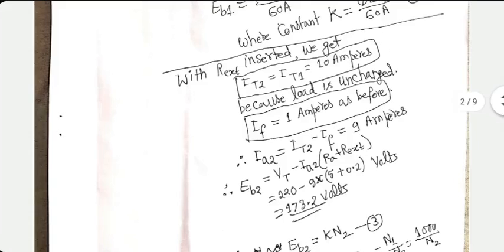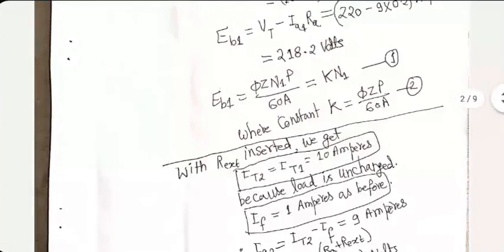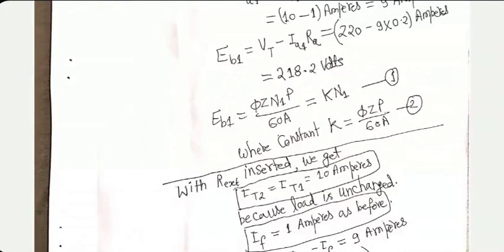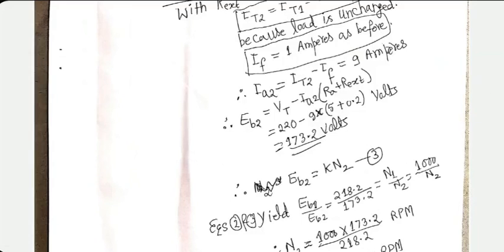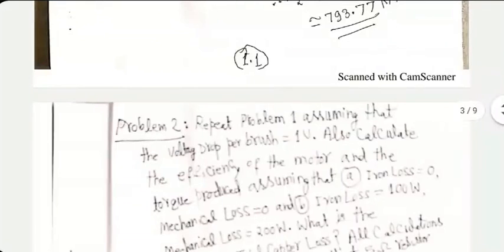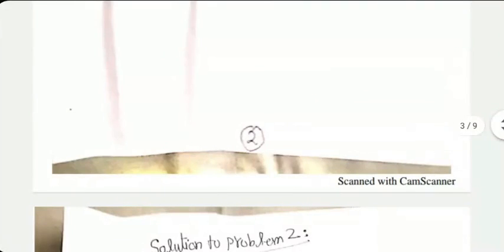So what would happen is, EB1 case is not there. We are talking only case number 2. So EB2, which was 173.2 volt in problem 1, now actually will become 171.2 volts because of the brush drop.